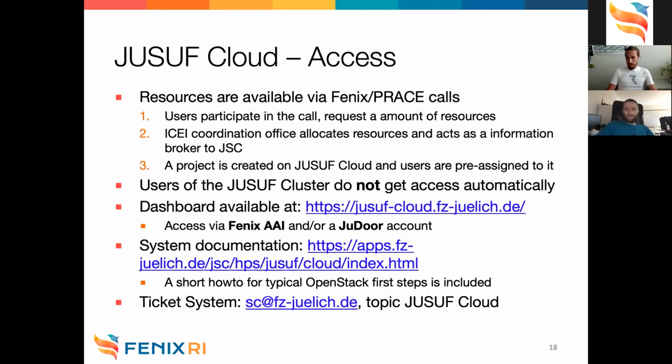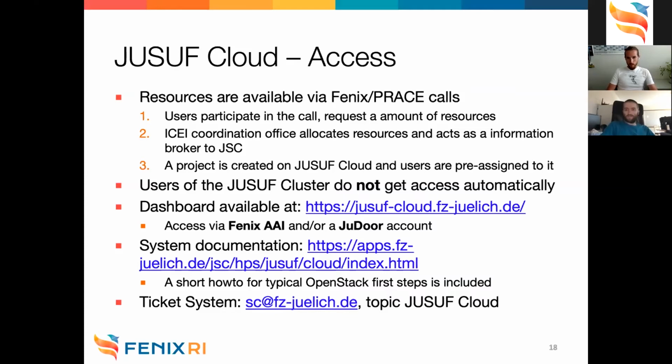They will provide us the information about you so that we are able to actually give you access to the resources. And then when this worked, you can directly access them. Users of the cluster do not get automated access to the cloud because it's a completely separate offer, of course within Fenix, but simply a different offering.